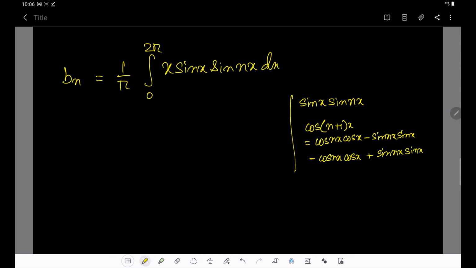What should that be then? Then we can write, sorry, this should be minus sign. So we can write here cos (n minus 1)x equal to minus 2 sin nx sin x.